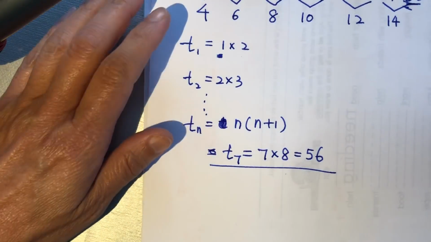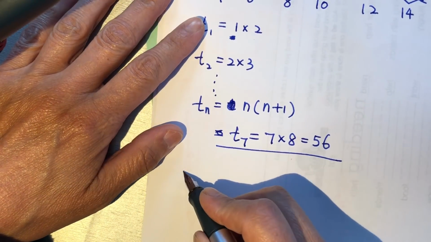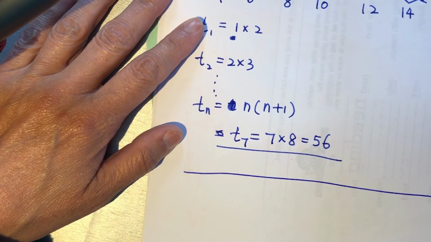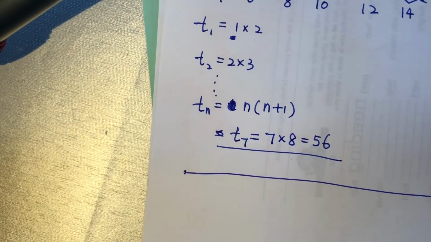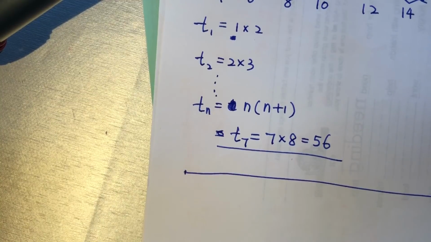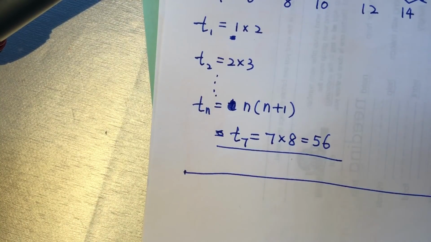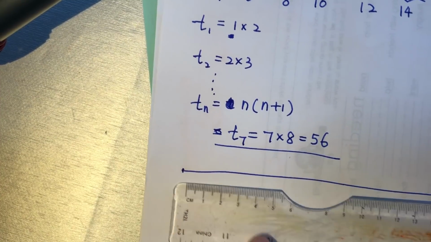Draw a graph of the first six terms in the series. Okay, I will use a ruler to do this. My ruler is not so good.